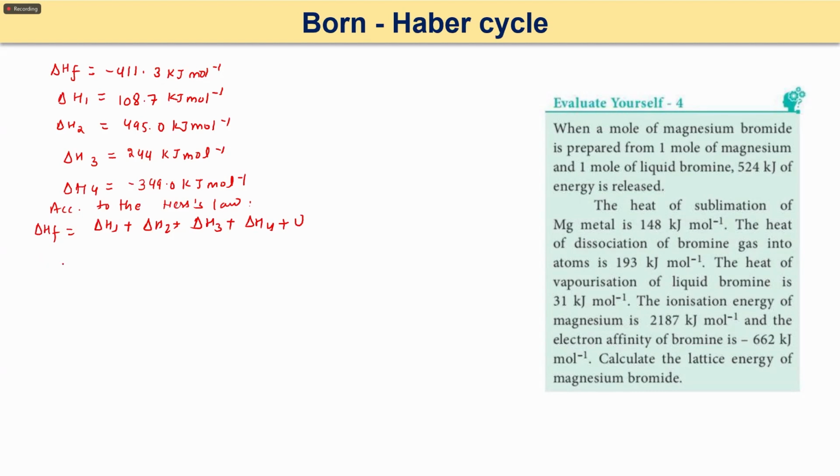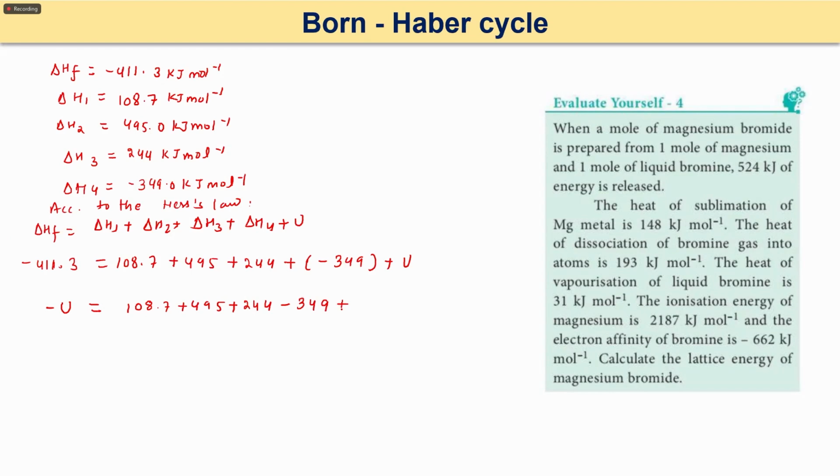Let us substitute these values. Delta Hf is minus 411.3, equal to delta H1 which is 108.7, plus delta H2 which is 495, plus delta H3 which is 244, plus delta H4 which is minus 349, plus U. Calculating, 108.7 plus 495 plus 244 minus 349, and if you take the minus 411.3 to this side, it will become plus 411.3.